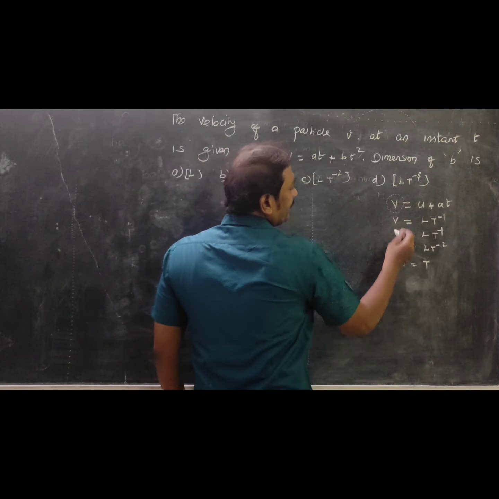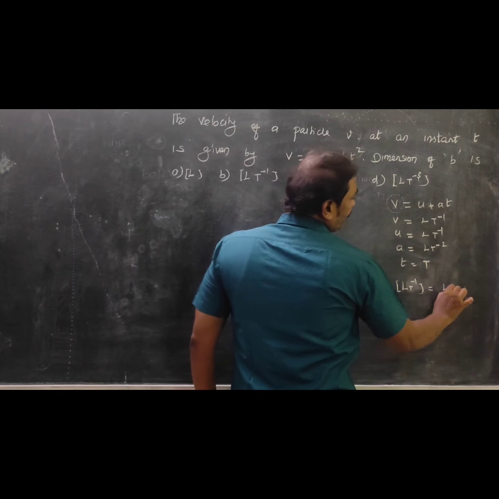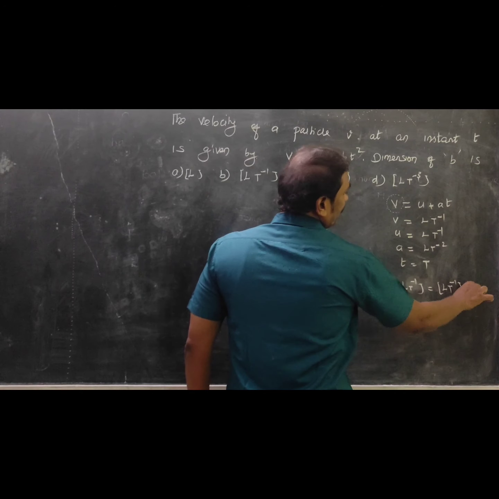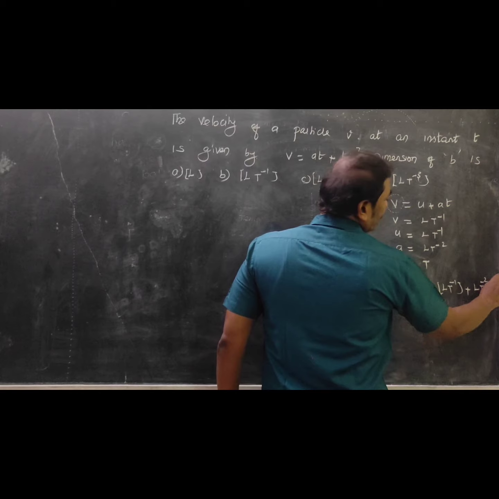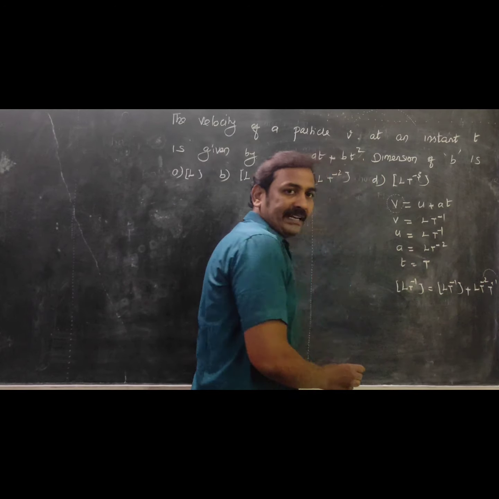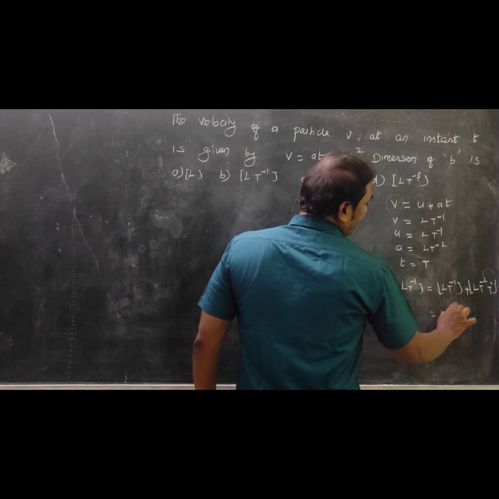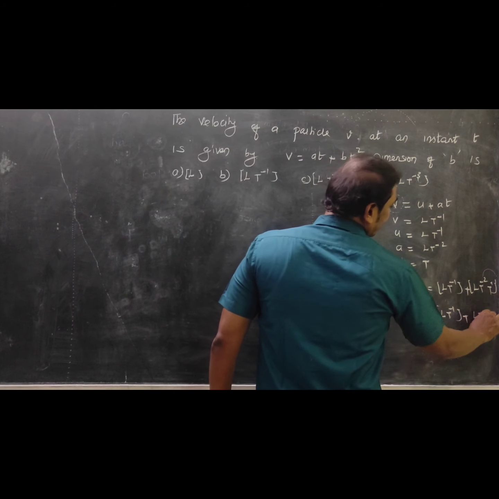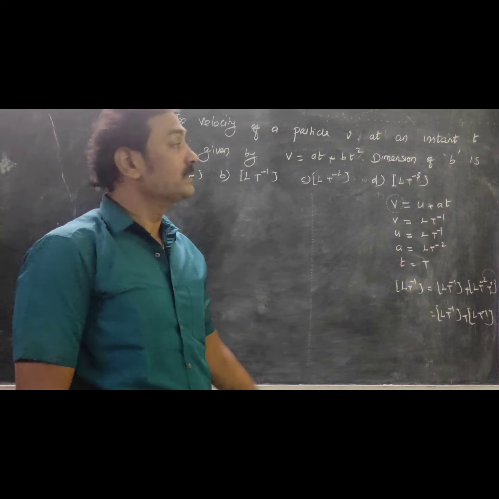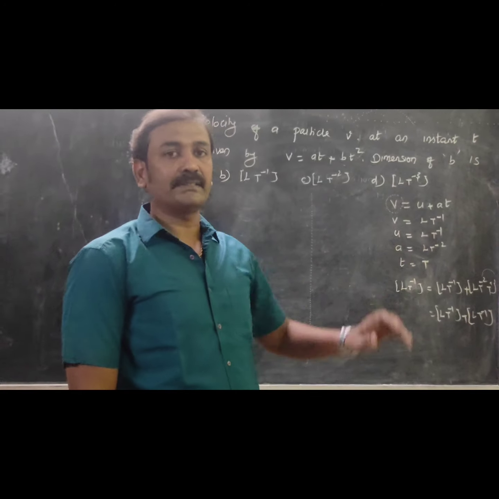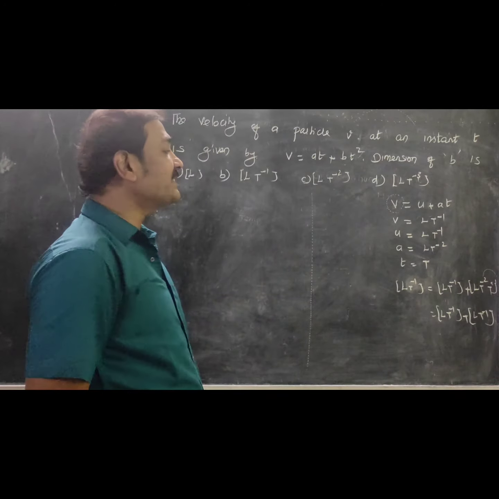L t power minus 1 equals L t power minus 1 plus L t power minus 2 into t. The power plus 1 and minus 2 change, so we get L t power minus 1 plus L t power minus 1. So LHS equals RHS, so it's dimensionally correct. We can go to the second equation.